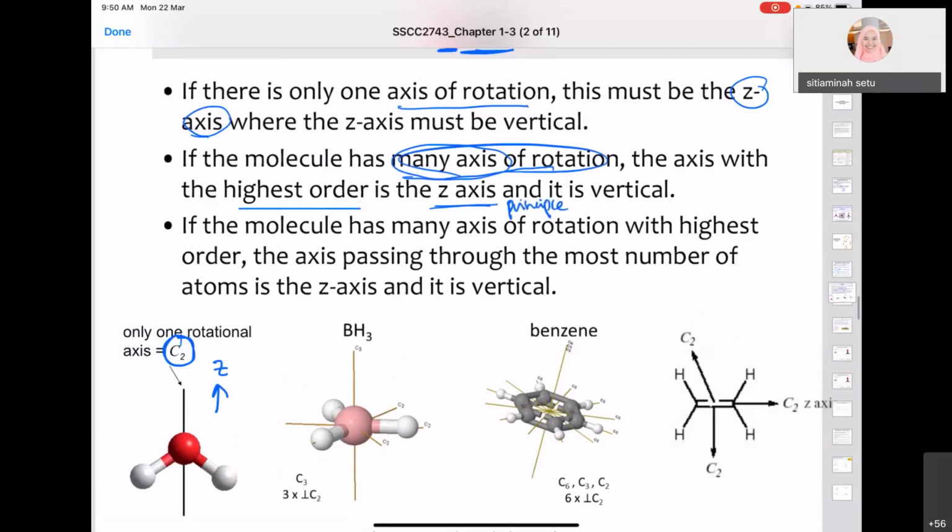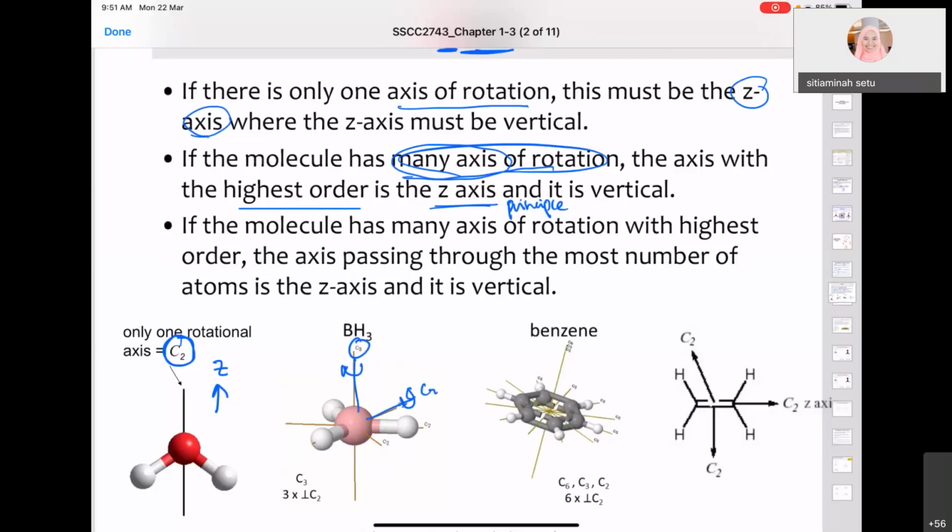Yang sebab itulah sangat penting masa kita bincang rotation tu, you have to determine the axis of rotation and also the principal axis. Okay. So kat sini lah contoh macam BH3, okay, BH3 you ada C3 kat atas ni kan, this is C3 and also you have C2 kan, kat sini ada C2.